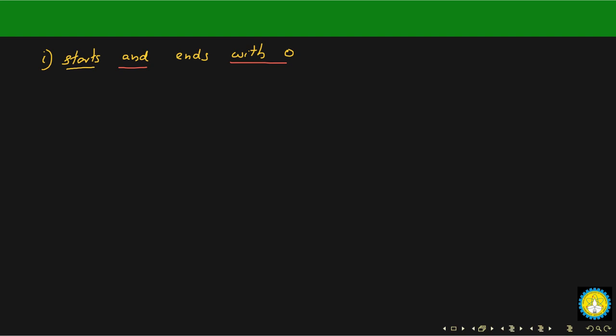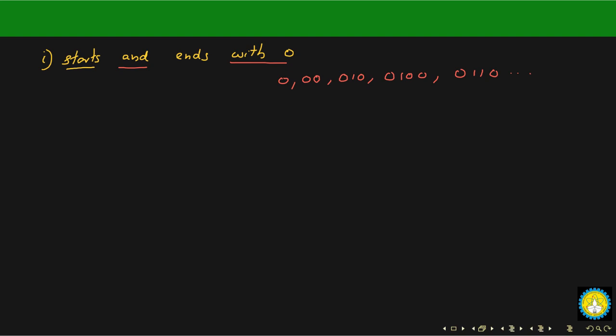Here, if you get a 0, this has to be accepted because it starts and ends with 0. If you get 0, 0, it has to be accepted. If you get 0, 1, 0, it has to be accepted. 0, 1, 0, 0 also has to be accepted. And 0, 1, 1, 0 also has to be accepted.